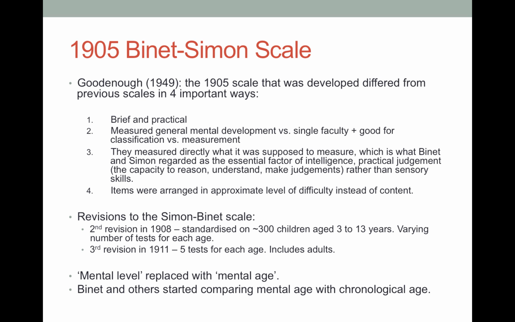According to Goodenough, 1949, the 1905 scale that was developed differed from previous scales in 4 important ways. Firstly, the test was brief and practical. It took less than an hour and required little equipment. Secondly, it measured the child's general mental development rather than a single faculty and was good for classification rather than measurement.